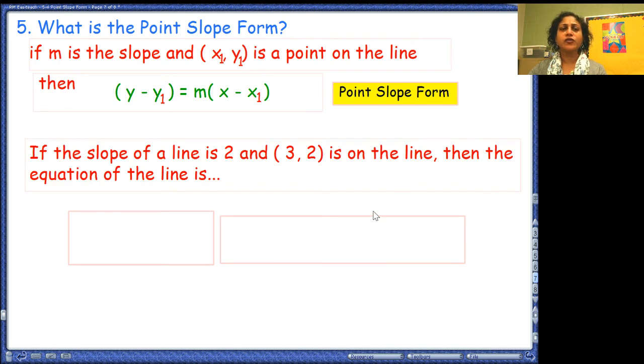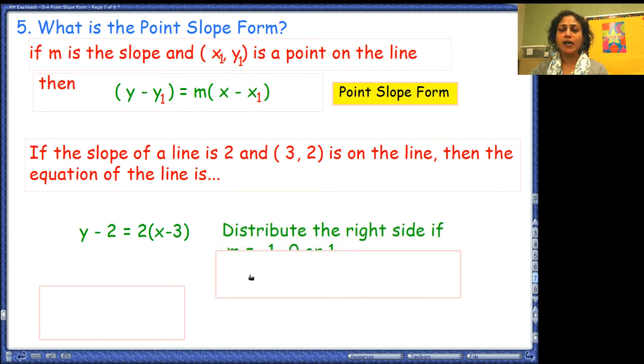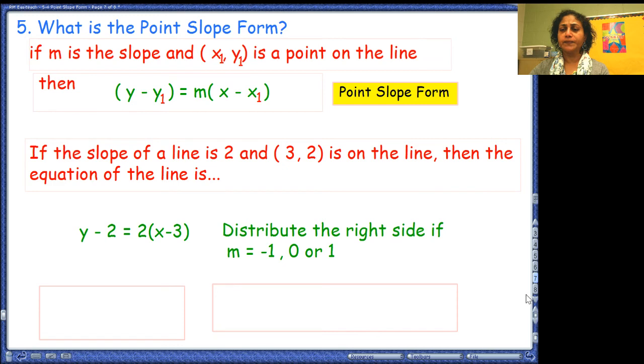So let's say the slope of a line is 2 and (3, 2) is on the line, then the equation of the line is going to be y minus 2 equals 2 times x minus 3. And if I am asking you for the point slope form, you're going to leave it in this format. The only time you distribute and simplify the right side is if the m is equal to -1, 0, or 1.